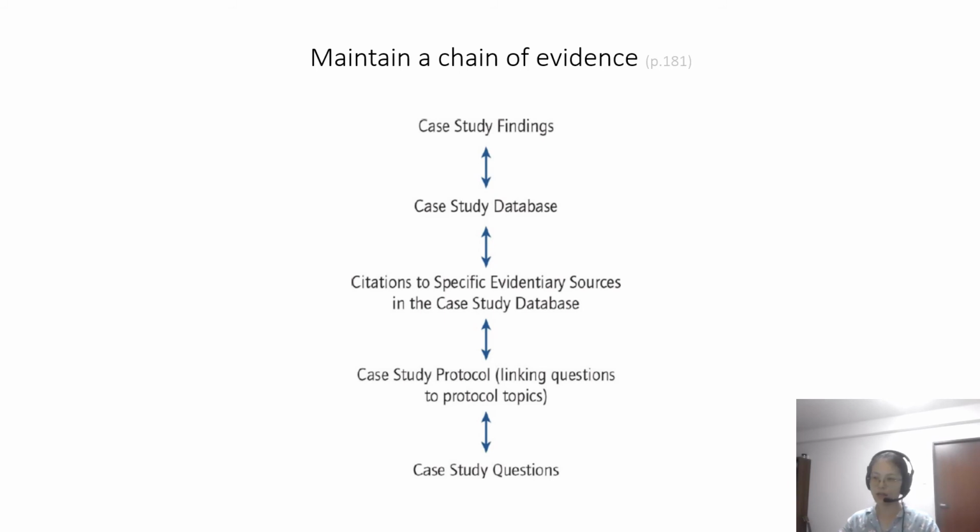Now I want to understand what was the original question that got reflected in all these protocol questions. So you can trace back to the first step, which was the research question posed by this case study.